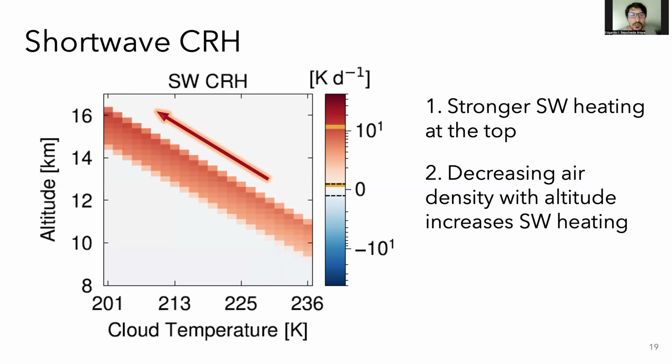This is happening because by moving the cloud to a higher altitude, the density of air is diminishing, and that is producing an increase of the shortwave heating. We can see a similar amount of shortwave absorption at the cloud top, but now relative to a less dense air environment, this heating rate increased. The color bar is in Kelvin per day, the magnitude of the heating rate.